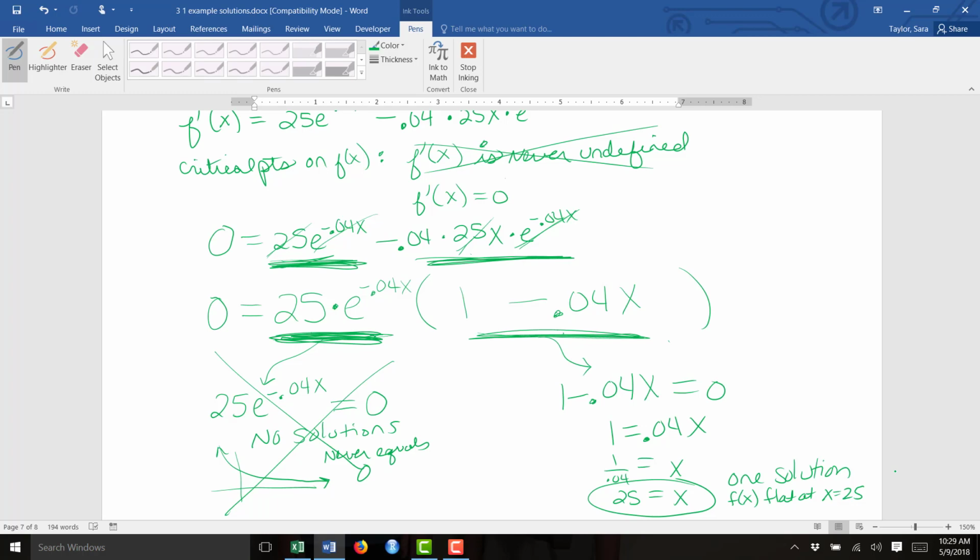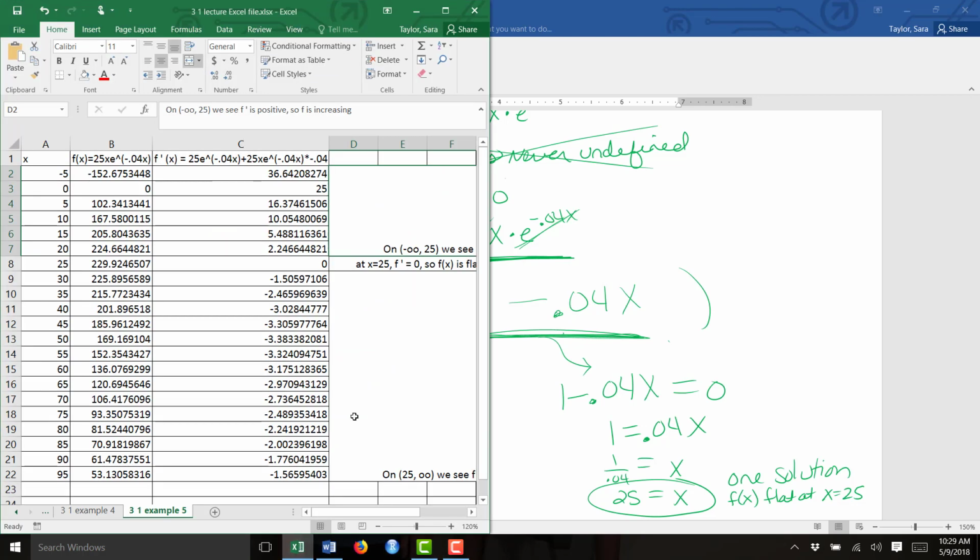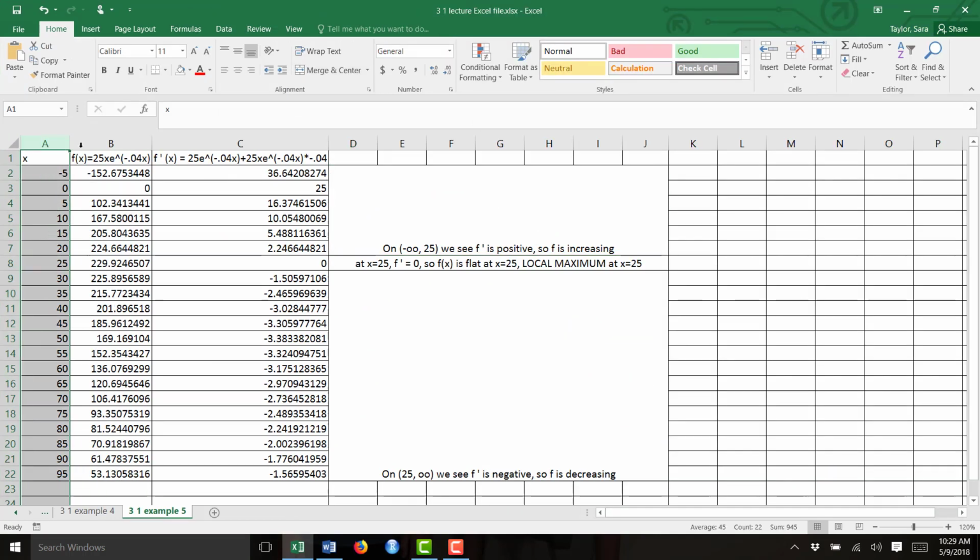In Excel, I have it all written out for us already. Let's just explore this a little bit. So I have put in x values, the f of x, and the f prime function. We see here at x is 25, the derivative is 0, as we said. And I make a conclusion. At x is 25, f prime of x is 0, so f is flat.